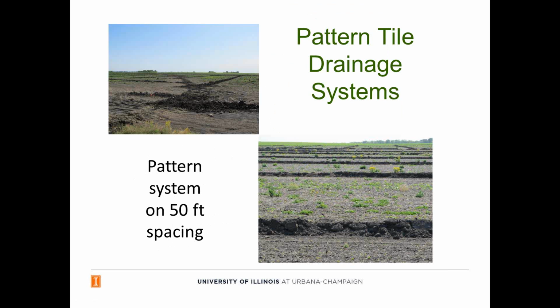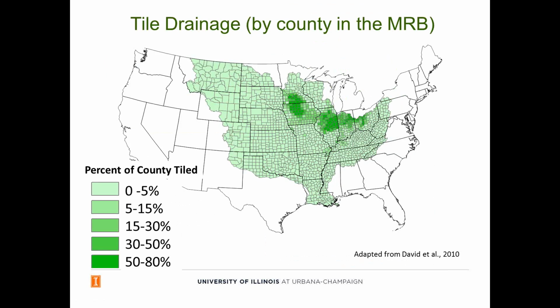As I said, we are installing tiles in pattern systems now, and this is an example of tiles every 50 feet, 50-foot spacing, and they can make quick work of this today with the machinery. And here's where the tiles are located. Again, this looks quite similar in Illinois as to where the last glaciation was.